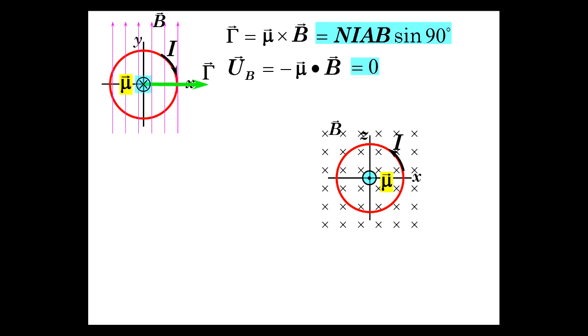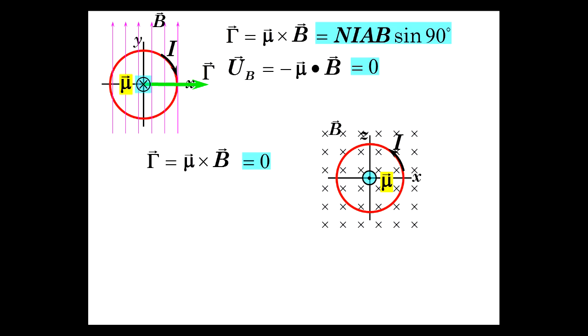This time, we'll have current going counterclockwise. We have the B field going in. So mu is out of the page, and the mu and the B field are anti-parallel, so no torque. But now the dipole moment and the magnetic field are anti-aligned.